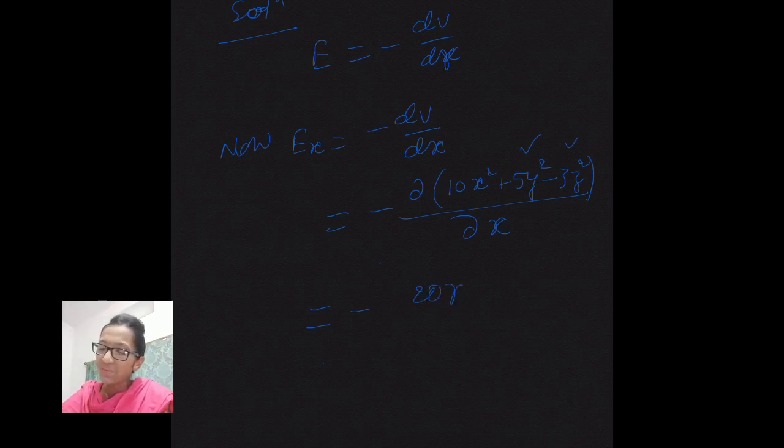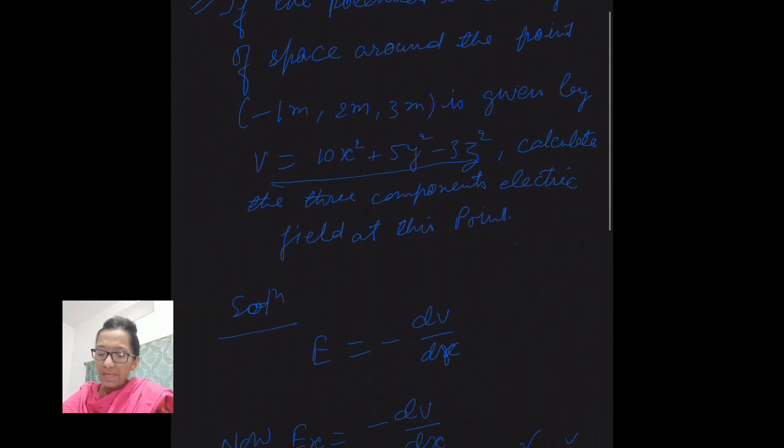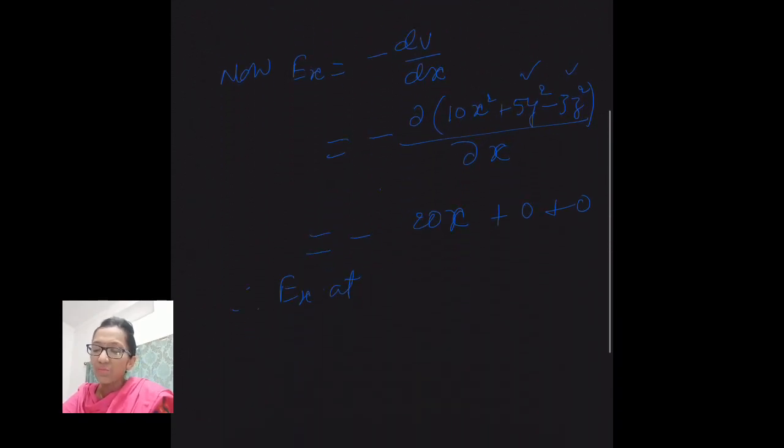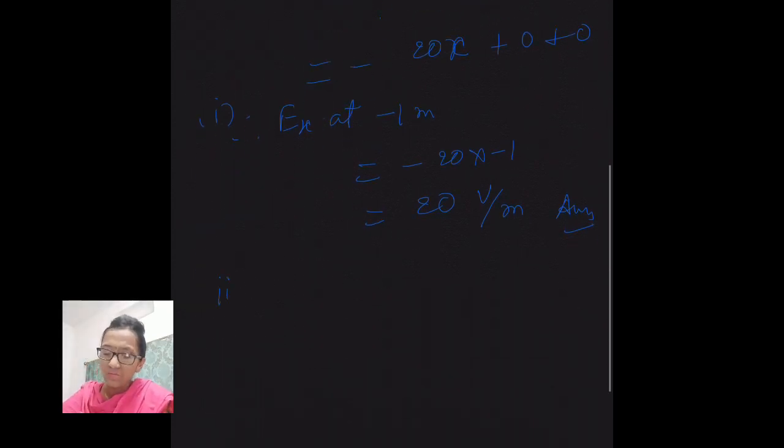So let me differentiate. This is equal to minus 20x, and if you differentiate any constant, you get 0. Therefore, Ex at the given point -1 meter is equal to minus 20 into -1, which is 20 volt per meter. First answer.